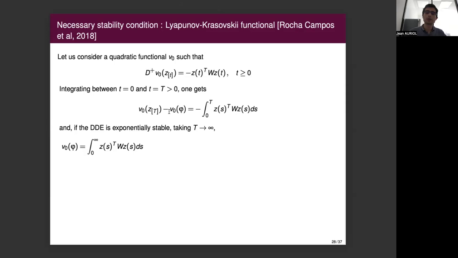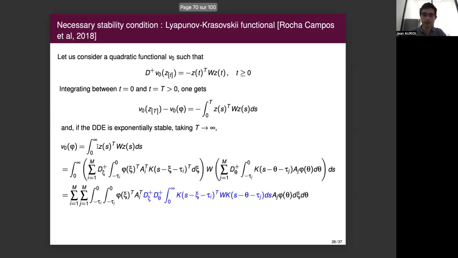And then, since you know using the delay robustness condition that your equation is exponentially stable, you can take the limit when t goes to infinity, and you get V0 equal to this. If you express it using the Cauchy formula, you get a bit ugly expression, which depends on the matrix K and on its derivative. So the expression is a bit ugly, but at least it exists.